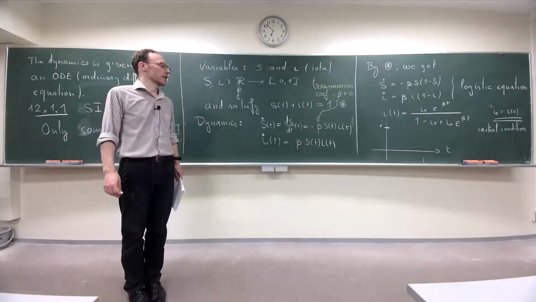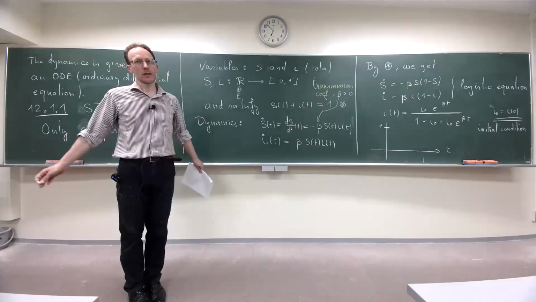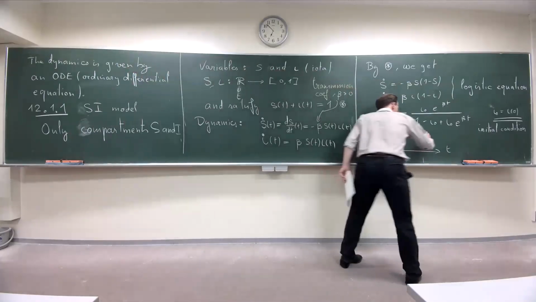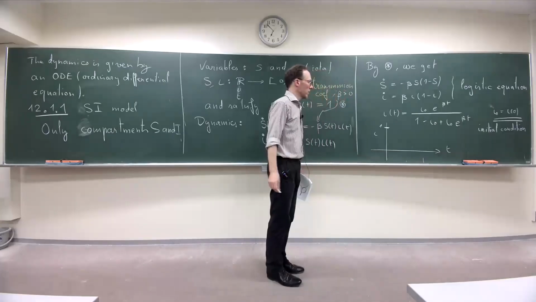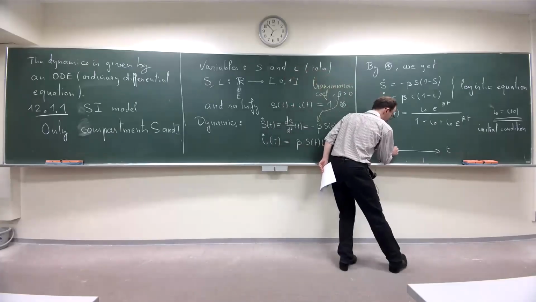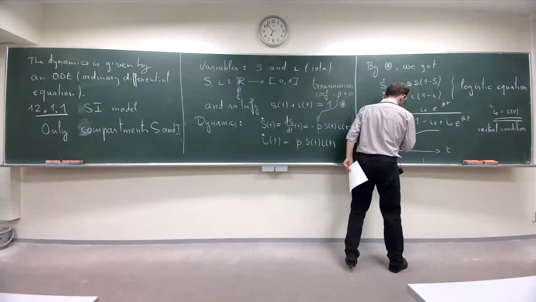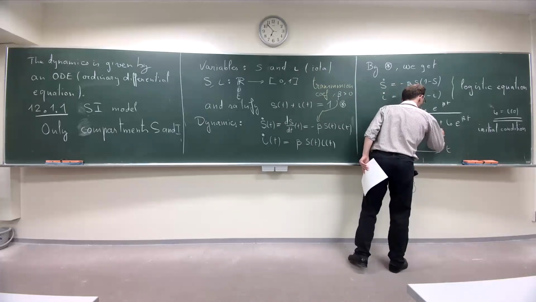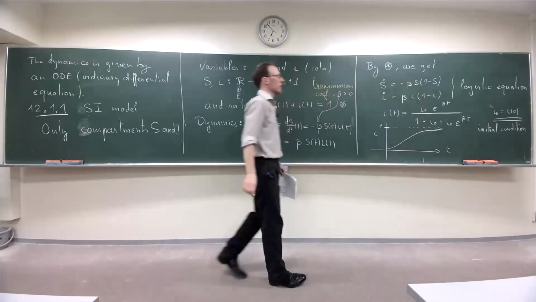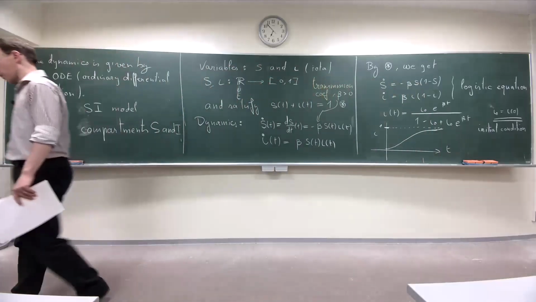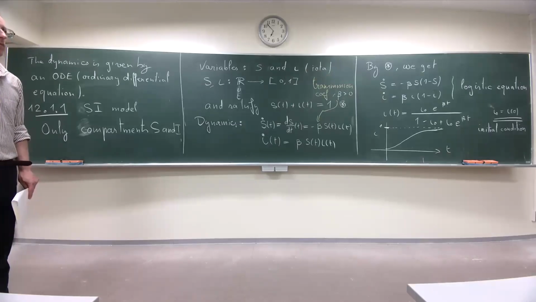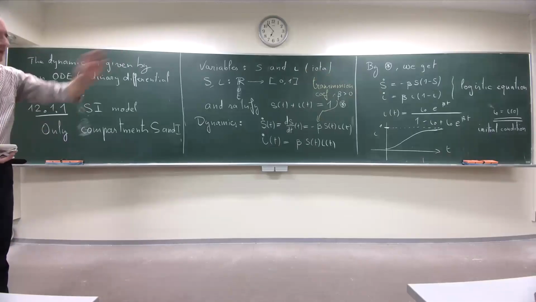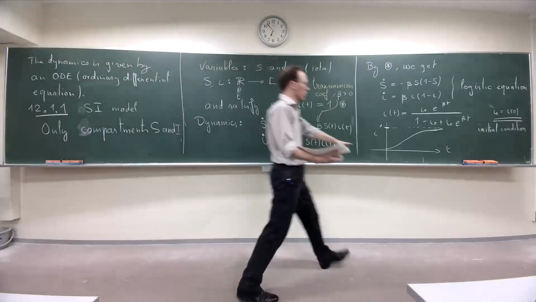But as soon as iota 0 is not 0, you can see that it's going to be like this, and it will converge to 1. So it means as soon as you have an infected person, everybody is going to be infected over time for this model. All right? If beta is strictly positive and if the initial condition is not 0.